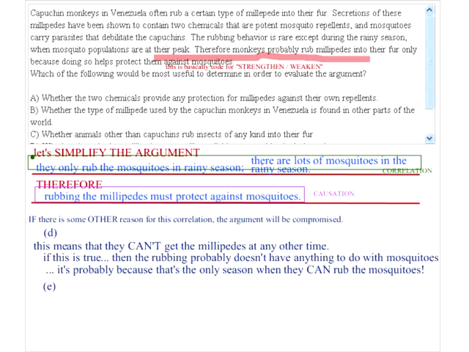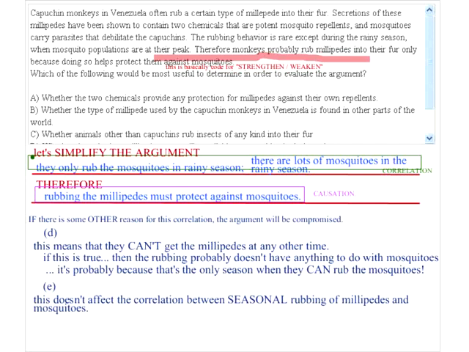This doesn't affect the correlation that we're looking at, and it's not relevant to what we're talking about. Remember, you've got to stay with the simplified argument here. The simplified argument is they happen to rub these millipedes. Let me correct that, I should say millipedes, not mosquitoes.